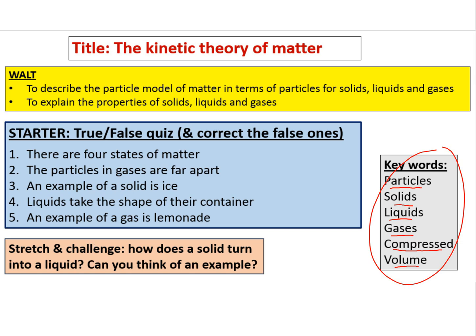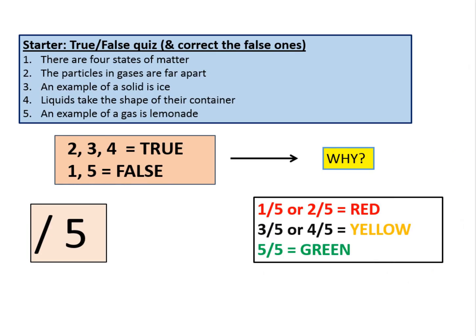So, on my next page, 1 and 5 are false. There are 3 states of matter that we teach you at Key Stage 3. You may have heard of plasma, okay, but at Key Stage 3 we teach just 3 states of matter. The particles in gases are far apart. That's true. An example of a solid is ice.